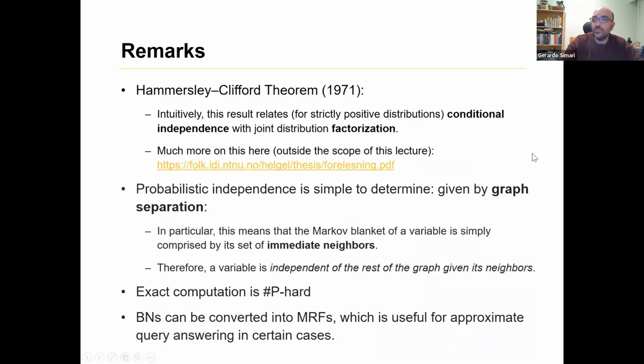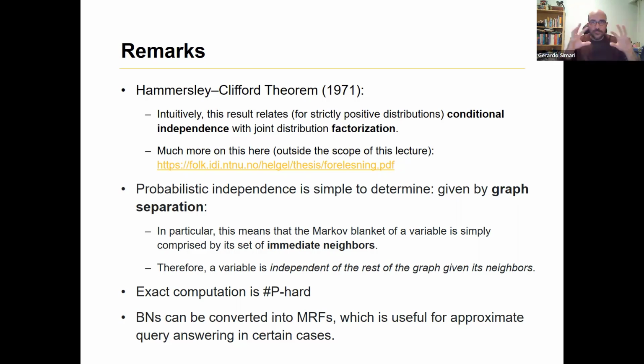So a few concluding remarks for MRFs and MLNs: this fundamental theorem, the Hammersley-Clifford theorem from the 70s. I'll only mention it intuitively because in order to do it formally, you need more tools. The result only holds for strictly positive distributions, which means what I said before, that no world has probability 0. And it relates conditional independence.